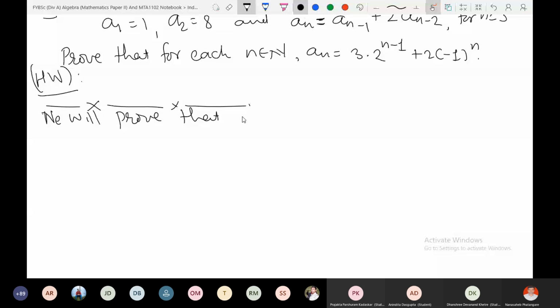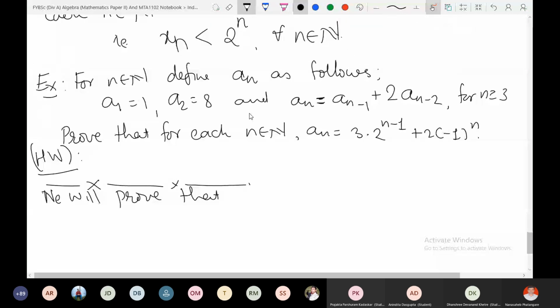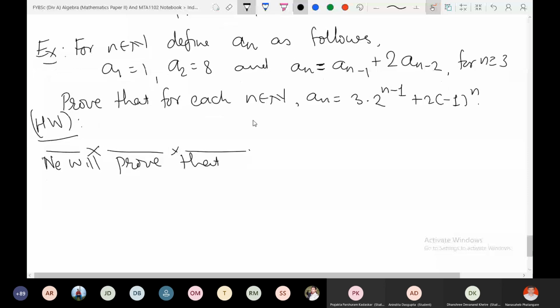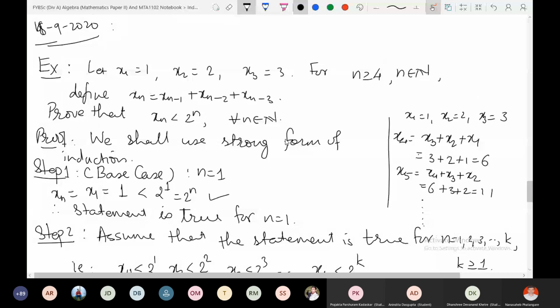Sir, I have a doubt in calculating xn. Which xn? In the previous problem, we defined xn. We calculated x5 as x4 plus x3 plus x2. We did not add x1. Why didn't we add x1? What is xn? xn is the sum of the previous three terms.